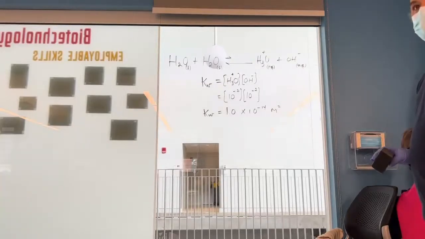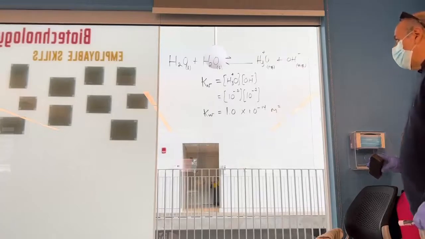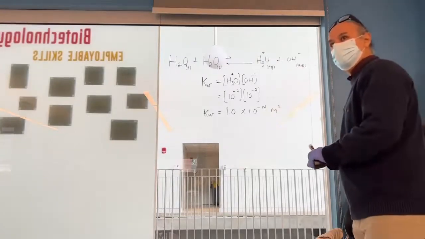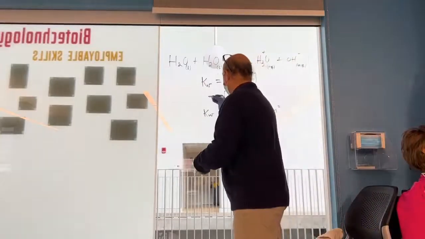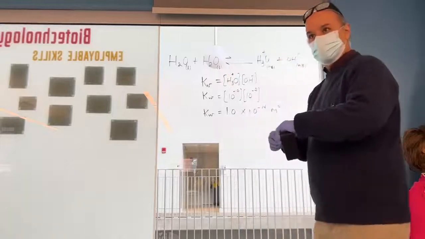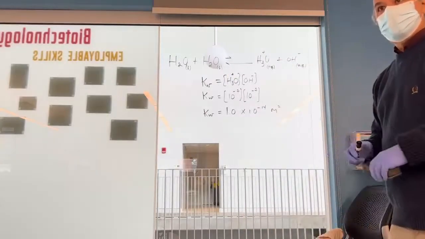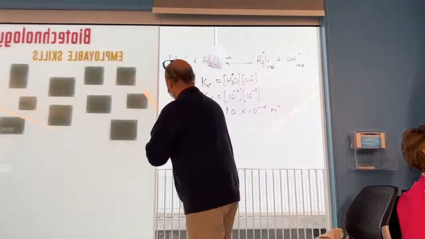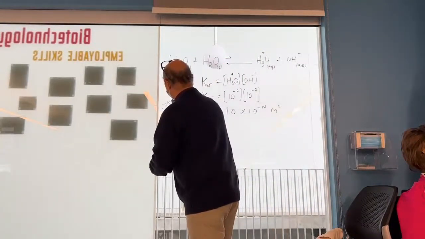Can I ask you a question while we're both writing? Please do. And it's going to end up being a basic chemistry question. Why the brackets for this particular, like for the pH? The brackets imply concentration. Okay.